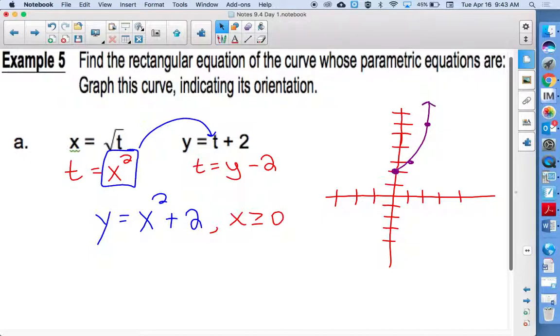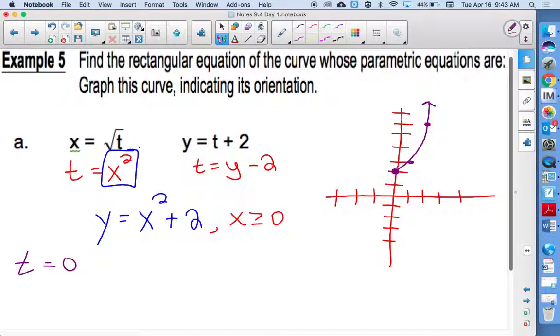So Emma asked earlier about the orientation, and we're going to see if we can do the orientation of the curve. Except when you do the orientation of the curve, you have to refer to the parametric equations. So if I pick a time of 0, so when t is 0, I have the square root of 0 and I have 0 plus 2. So my first point is at 0, 2.